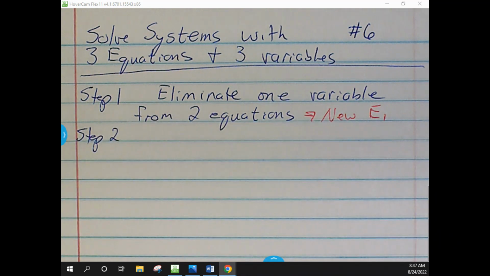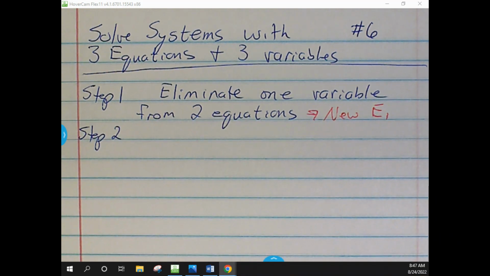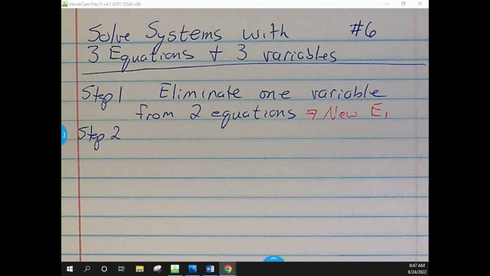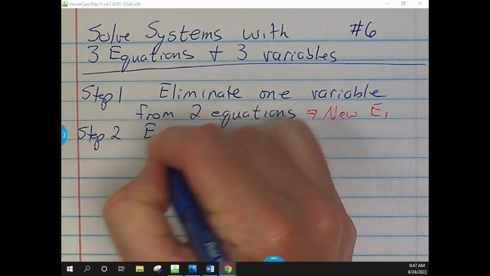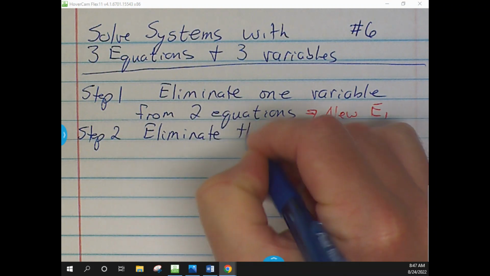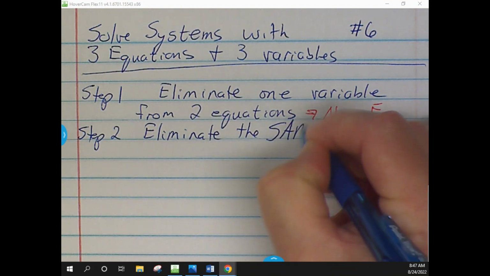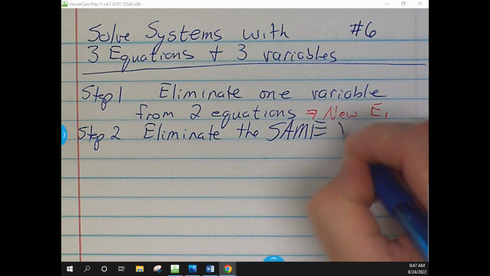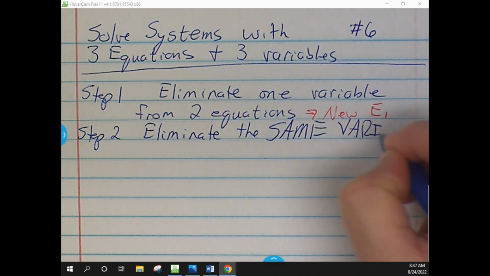All right, step 2. Here's the key thing with step 2, and this is the part that sometimes people don't get, and then they're like, what do I do then? Well, you got to start over because of how this is. You have to eliminate the same variable.